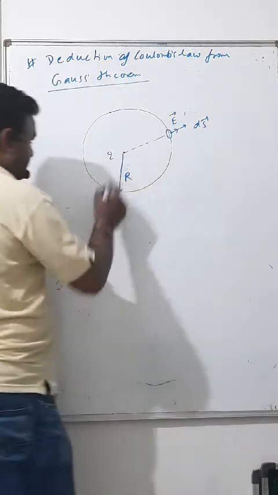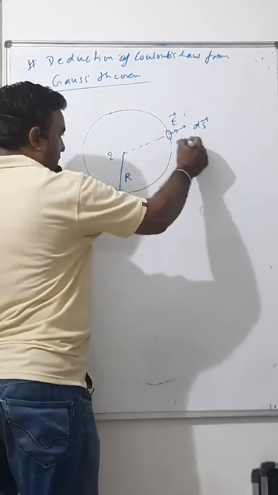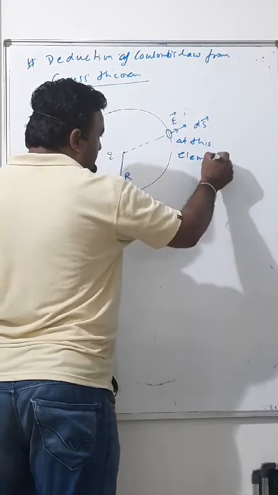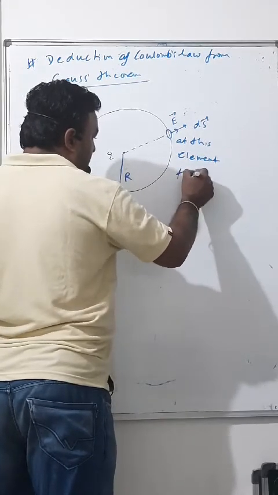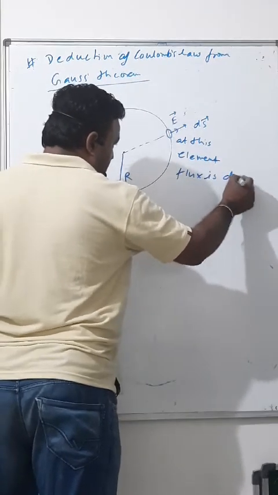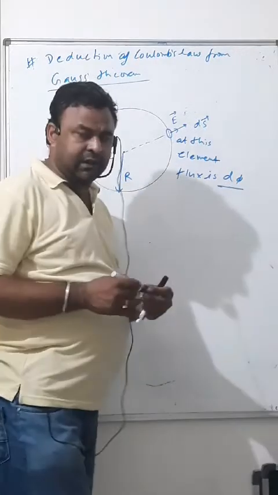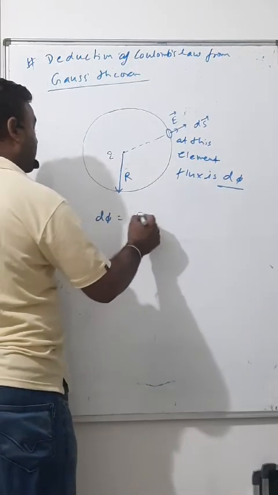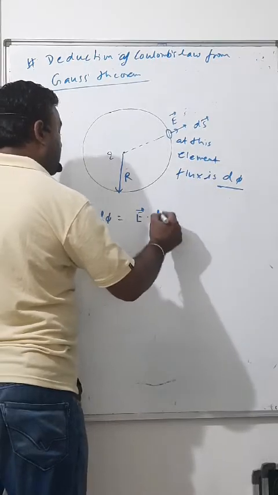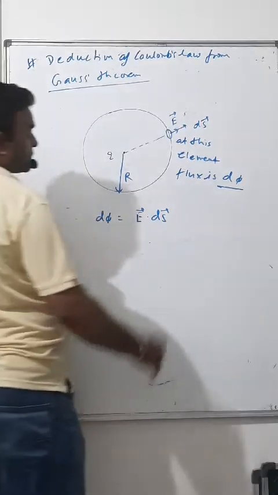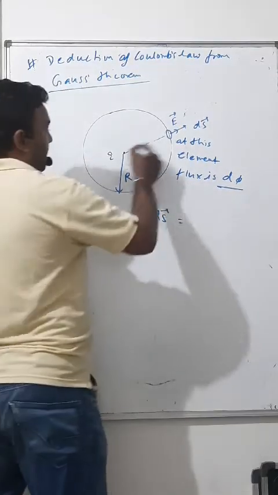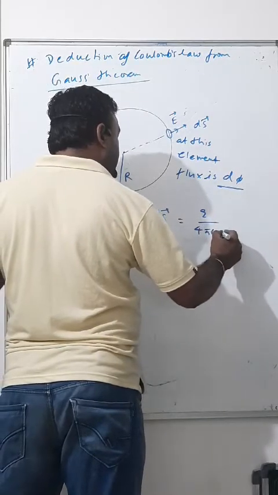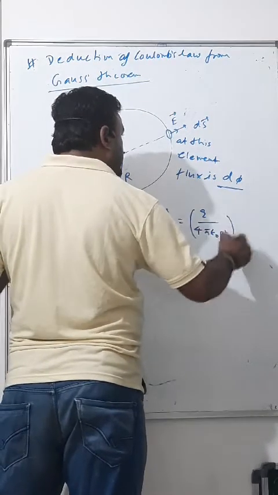Now, at this element, the flux is d phi. I take a small value. It is d phi equals E dot ds. Now look, E is what here? Q by 4 pi epsilon naught R square.